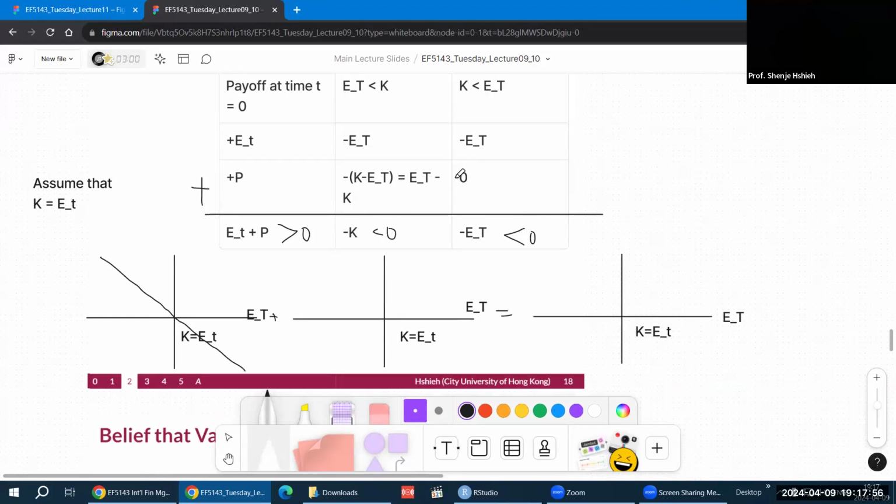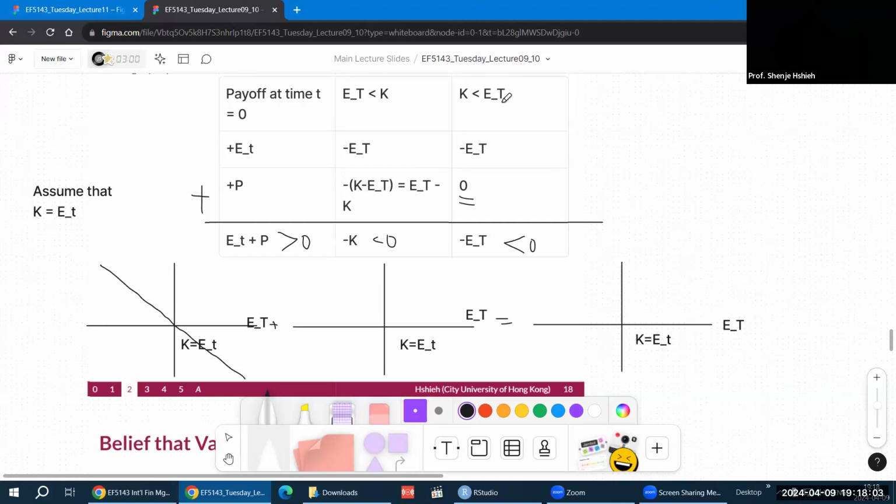That means I get to keep my sale in the case in which the underlying asset exceeds K, so there's a flat line here. But I have to pay out something in the case where E_T is less than K, so that's upward sloping, but it's in the lower left quadrant, which means it's negative. Everything below this line is negative.